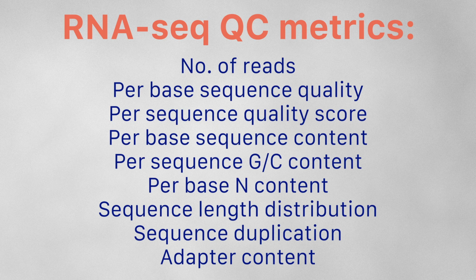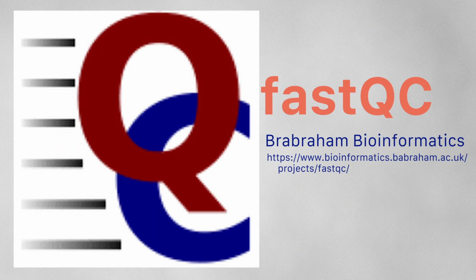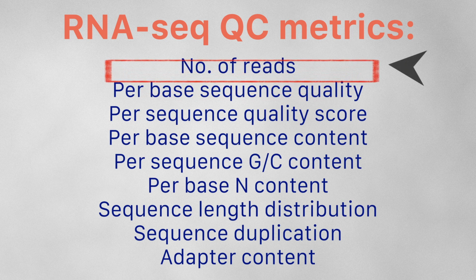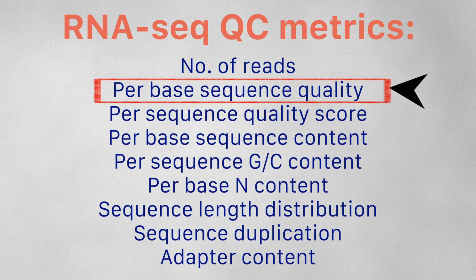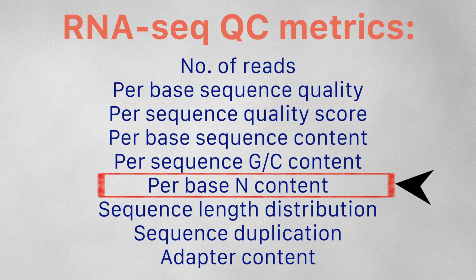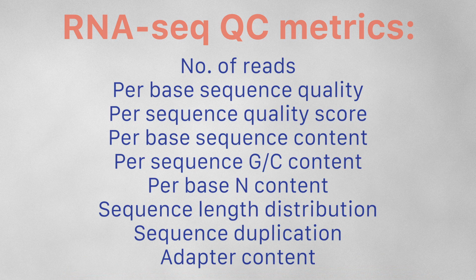An example is the more popular FastQC software. For further information on its features, I recommend that you go to their website and read their manual. But for this discussion, we will only look at the various metrics that FastQC provides, the metrics you should be aware of, and the recommended values for each.